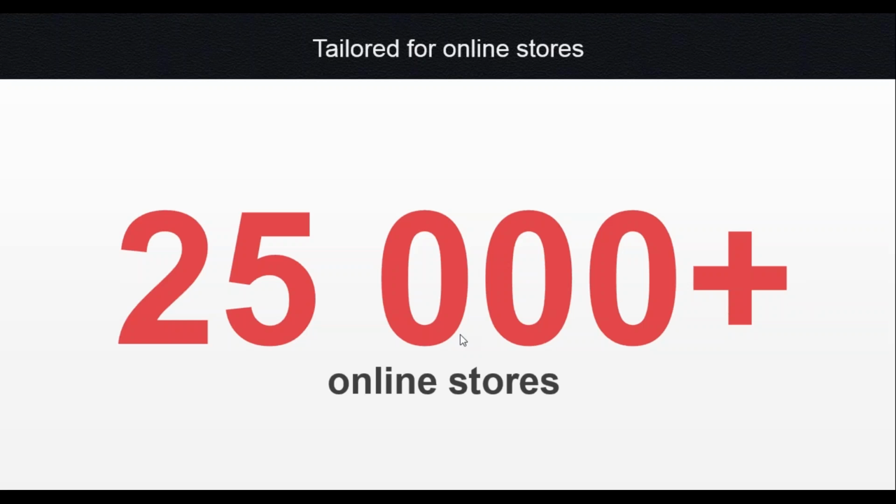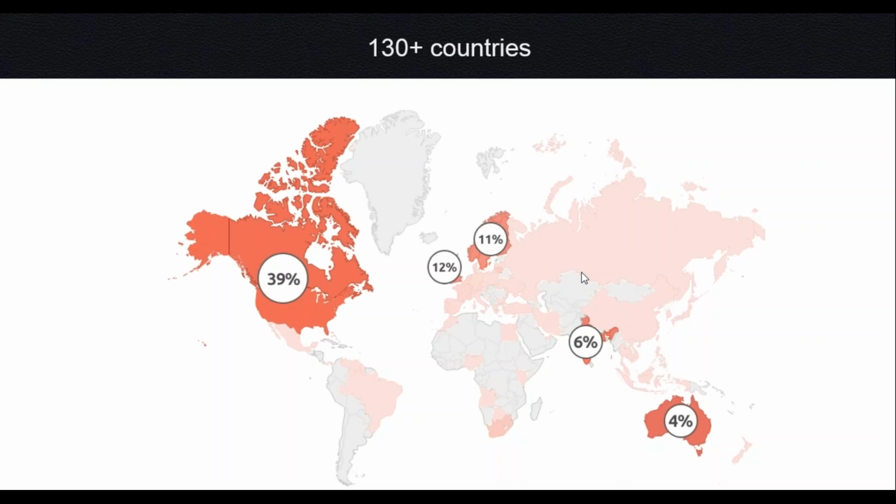We have more than 24,000 online stores using Soundest worldwide in more than 130 countries, so it's pretty much all around the world. We have an English interface with no localization yet. So if you are from the US or other English-speaking countries, this is definitely a product I would recommend you at least consider. But of course, I'm not objective in this case. Okay, but let's go down to the topic.